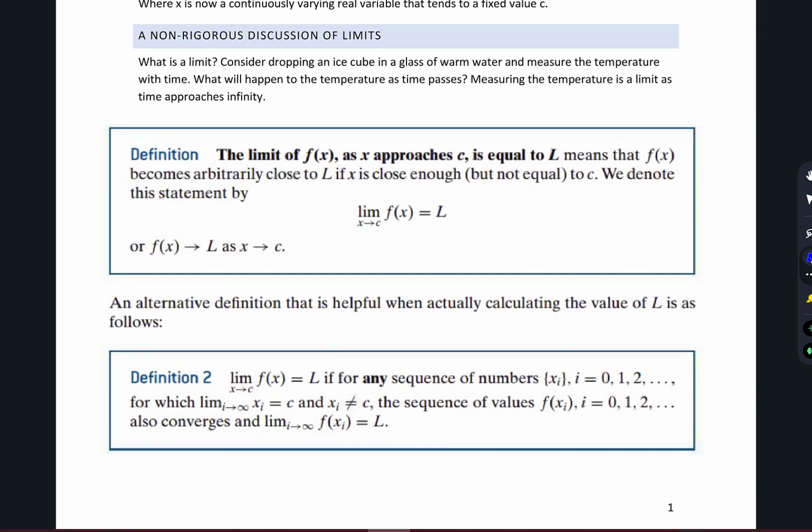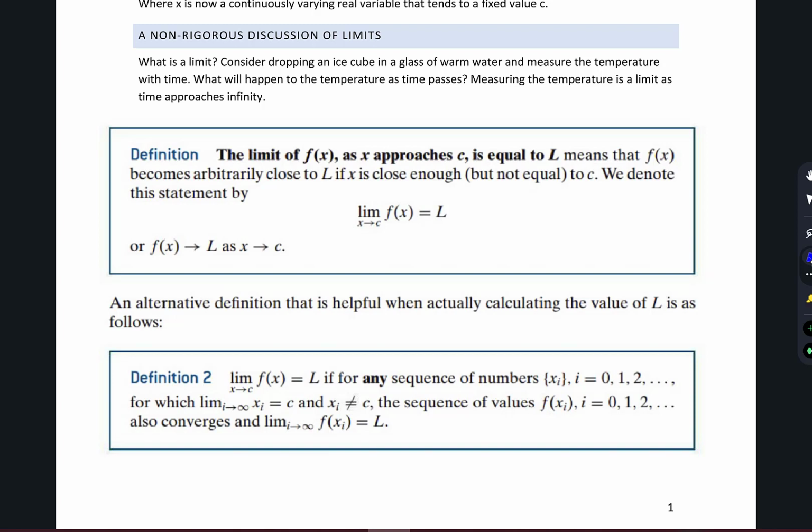So one way to think of a limit is to consider dropping an ice cube in a glass of warm water and measuring the temperature with time. And so the question is, what is going to happen to the temperature as time passes? Well, if we have a warm glass of water and we drop an ice cube in it, we know that the temperature in that glass is going to change, but eventually over time, if we were to leave that glass of water sitting there for maybe minutes, hours, even days or weeks, we know that eventually, if the temperature of the room is not changing, that the temperature of the water in the glass will eventually level out to be room temperature.